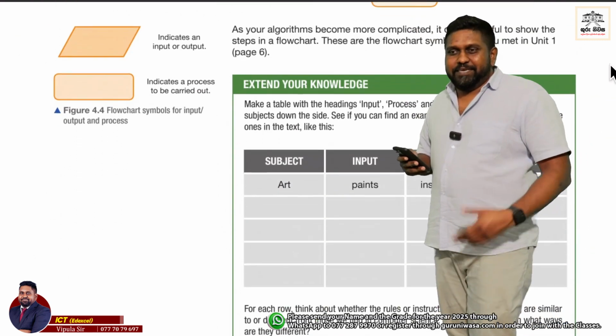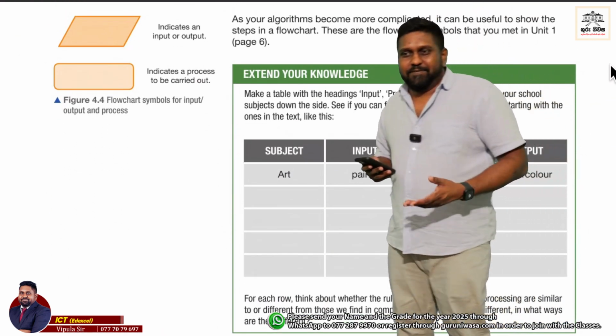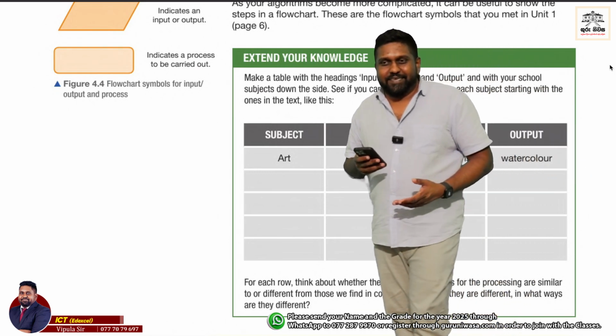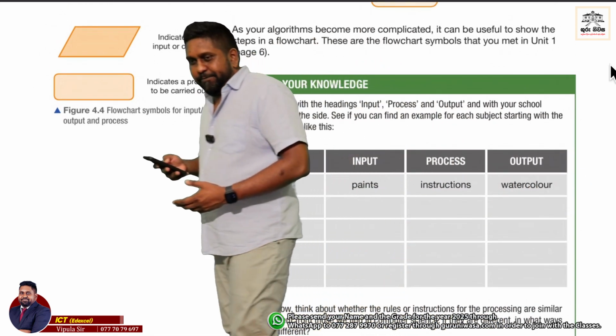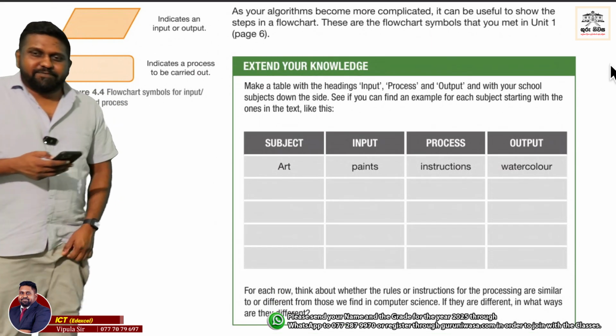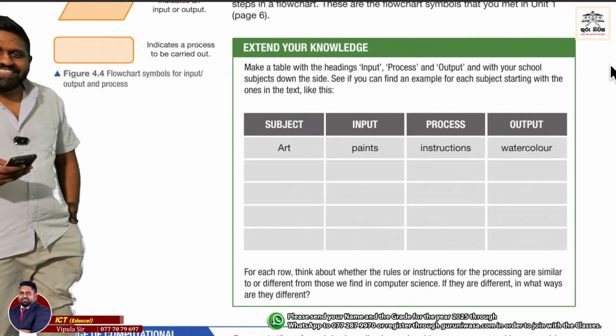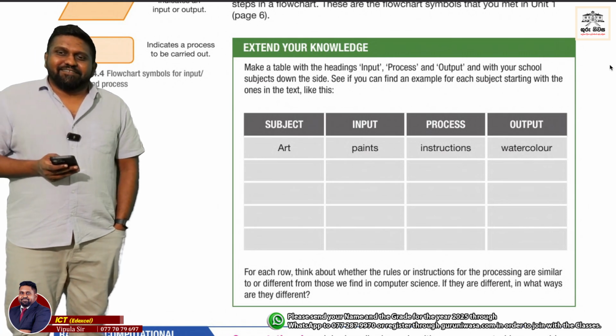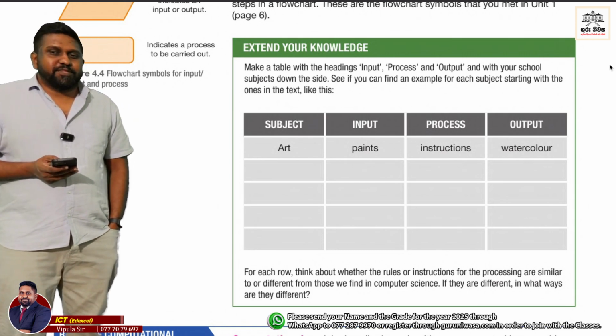I know you guys have already done this a lot of times, the data storage and the process. So let's fill this up and see what types of inputs and outputs you can write about your school subjects.